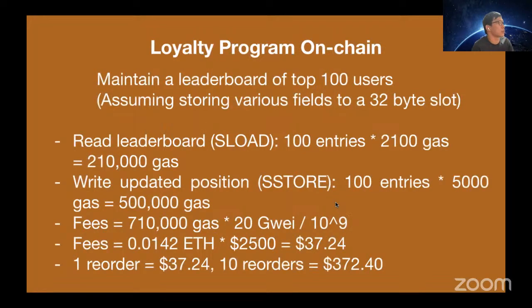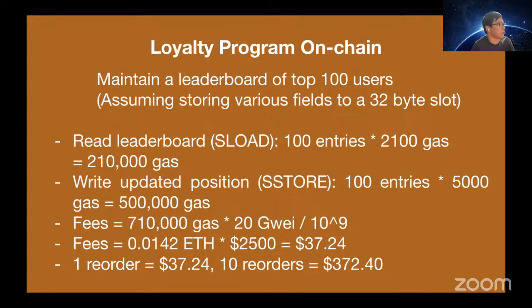Yep. So this is how it would look if we were to do a loyalty program on chain. Let's say you want to maintain a leaderboard of maybe 100 users, assuming we have a struct storing various fields, maybe in a 32 byte slot. These are some of the opcodes that are really computationally expensive.